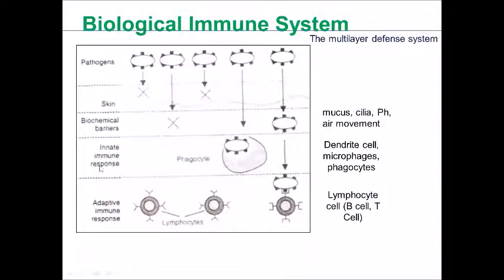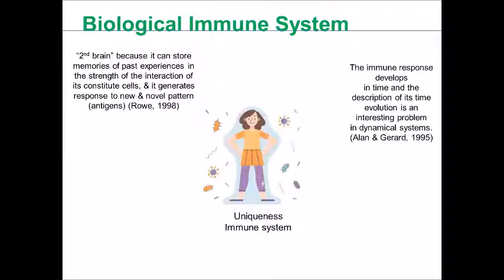The innate is a natural defense system that we already have when we were born. And then the adaptive, whereby our body will develop antibodies and make our body stronger to defend for the next attack.